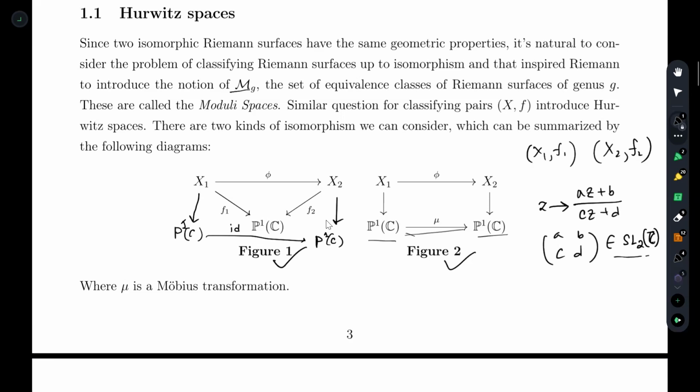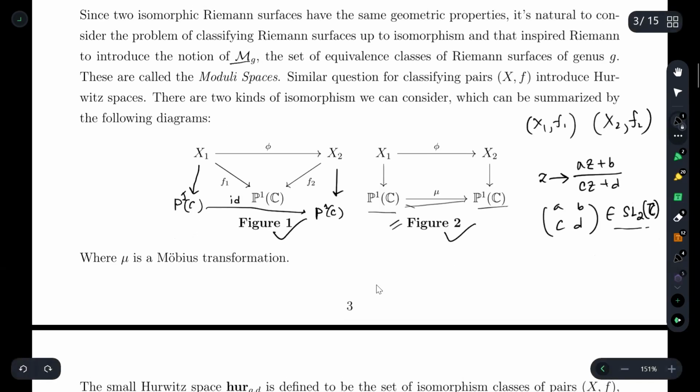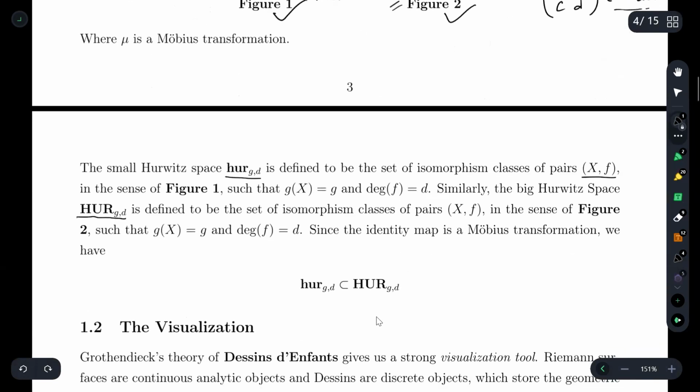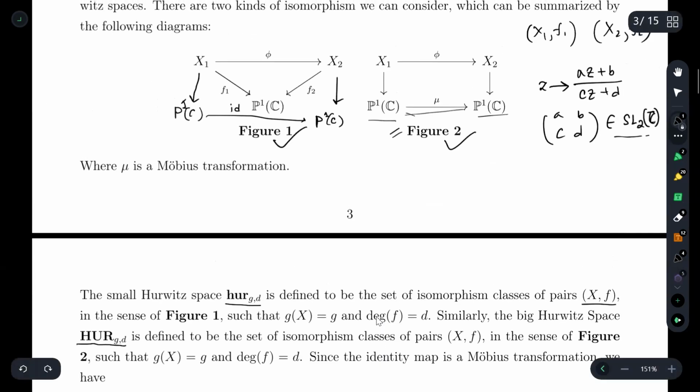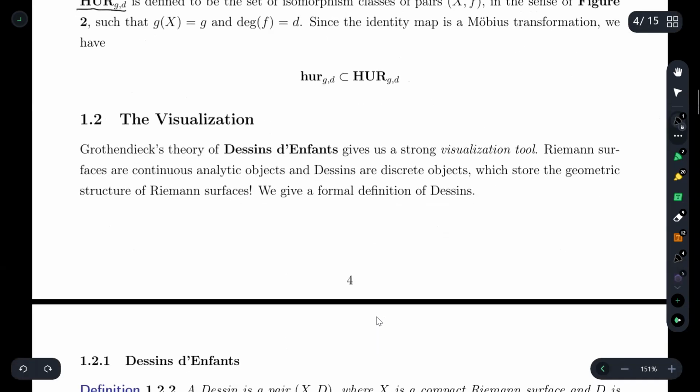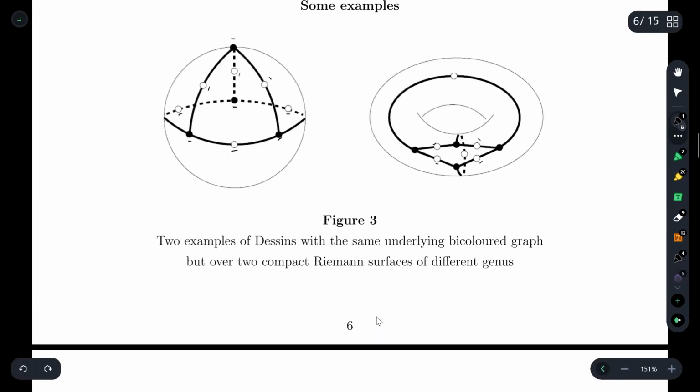And for the smaller Hurwitz space, we are not considering any Mobius transformation, but we are considering that these diagrams should be commutative. So in this sense, there are more equivalence classes, right? Yes. Yeah.